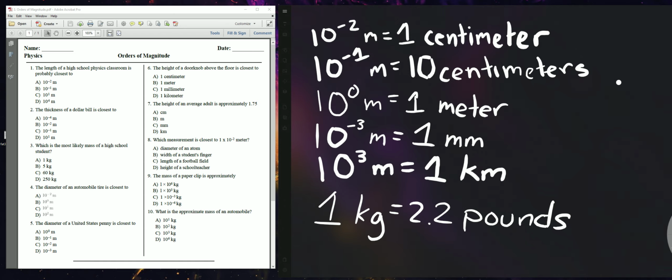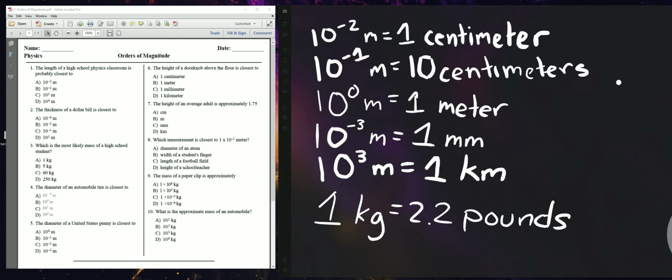I thought that's the length of a high school classroom. So an automobile tire is probably not going to be that big. And D, 10 to the 2, is even higher. So it looks like B makes the most sense, closest to 1 meter long.